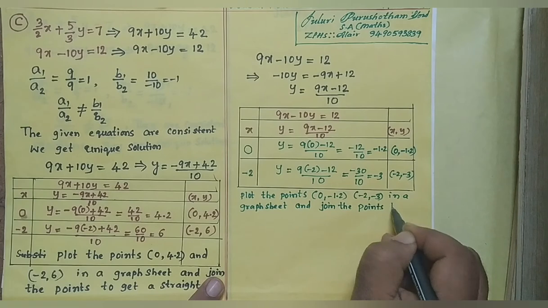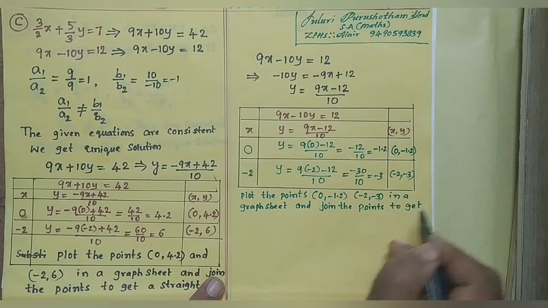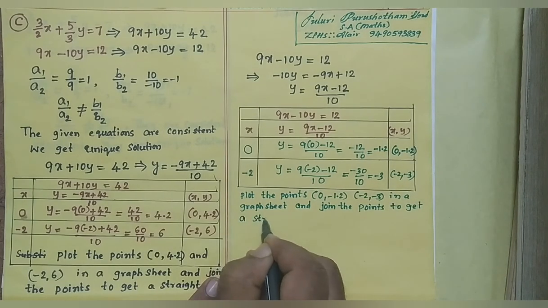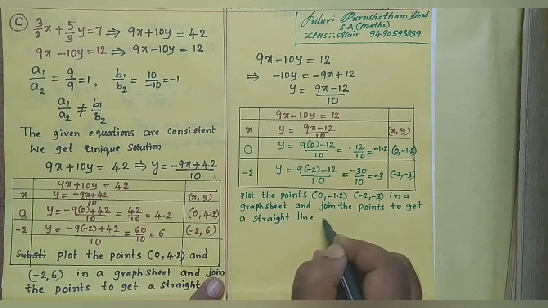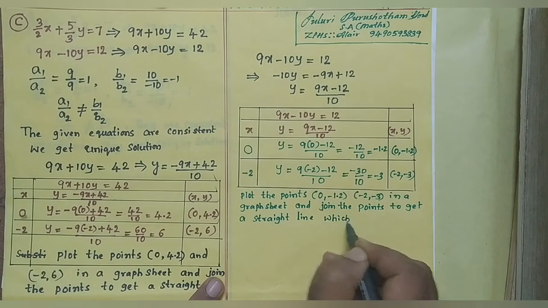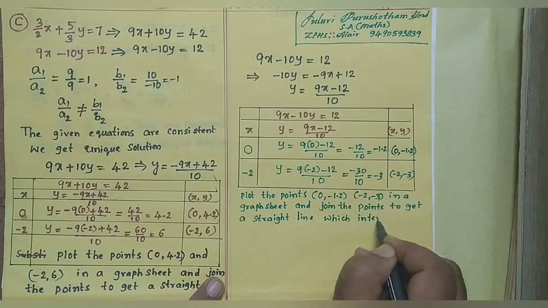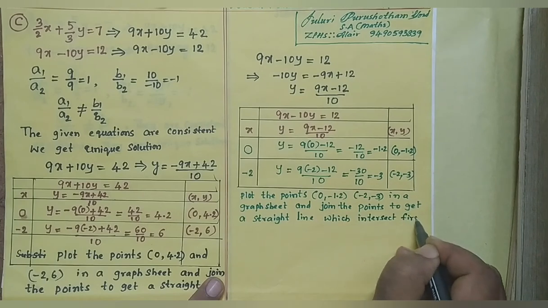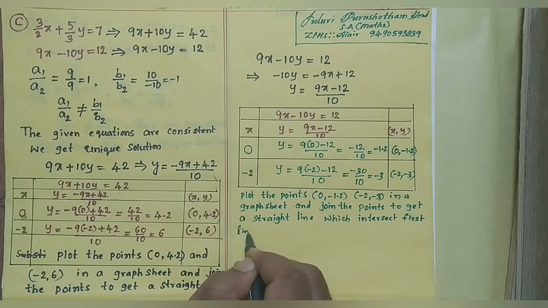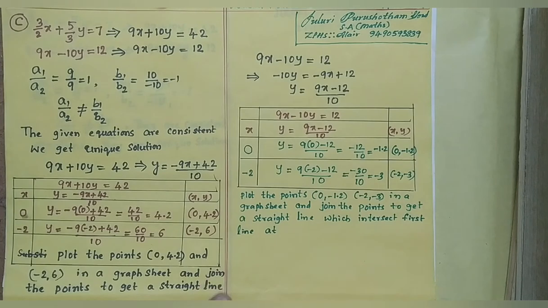Join the points to get a straight line, which intersects the first line at... we get that answer after completion of the graph.